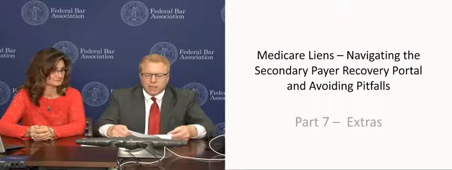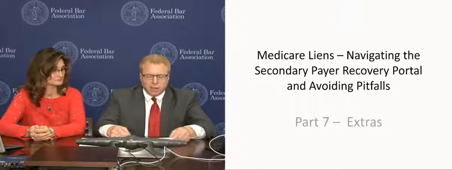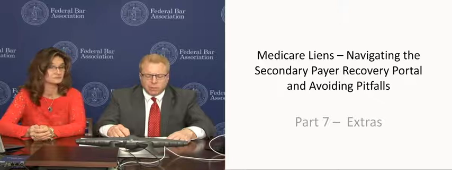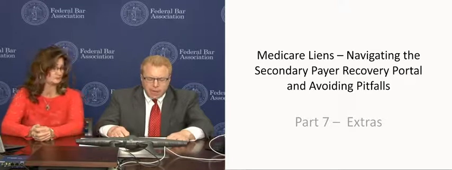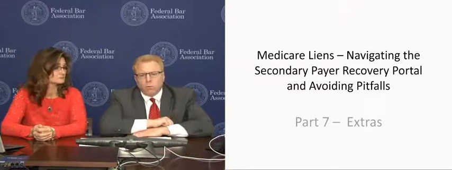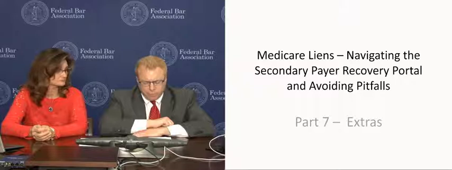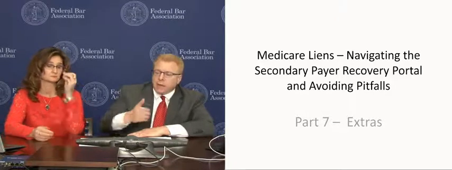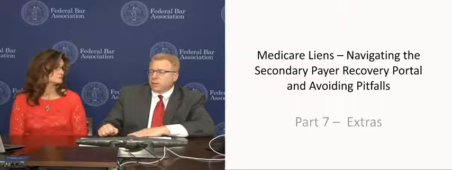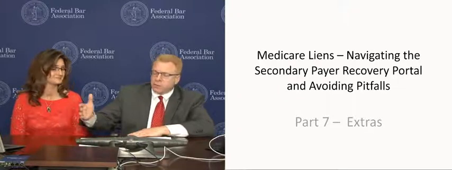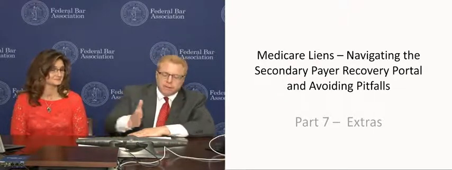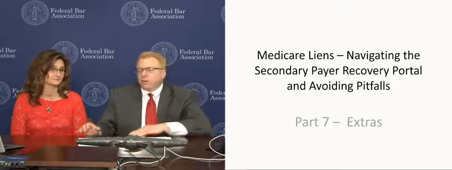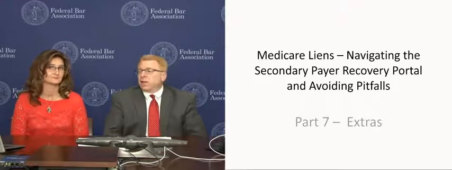The last thing I want to take a few minutes to talk about is ethical issues in Medicare subrogation. What we had talked about earlier in this program is the fact that the Medicare lien is what we call a super lien, and that everybody down the line, from the issuance of the settlement check from the insurance company to the defense lawyers to the plaintiff to the plaintiff's lawyers, we're all on the hook if Medicare doesn't get repaid.